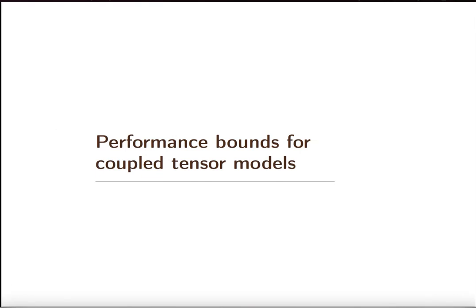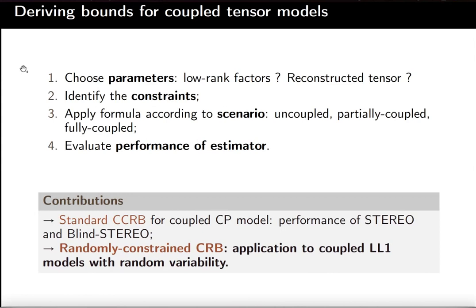That was a general analysis of performance bounds for coupled tensor models under constraints. Let me first give you a very general framework of what I did. I derived Cramér-Rao bounds for coupled tensor models. First, of course, I had to choose the model parameters.